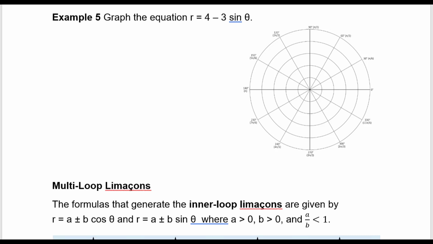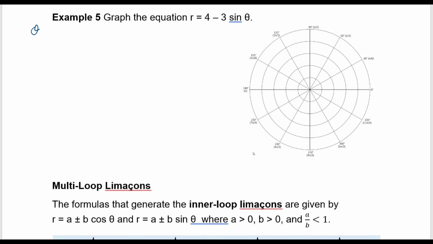Okay, so for symmetry, it's not going to do well with any of the tests, so it's not going to be passing this symmetry here, here, or here. So let's just go ahead and move on to plotting points, is what I usually do with these. So we'll go with theta. Oh, my pencil fell asleep.